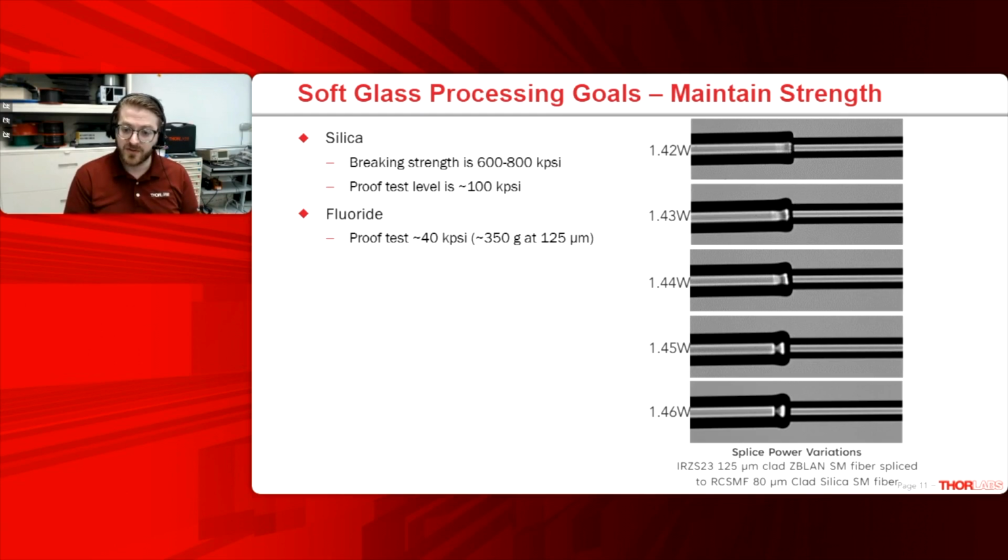So these 5 different splices are the same fiber. The only change is that the power was changed by 0.01 watts, 10 milliwatts per division. So this whole range is 40 milliwatts different, which is about 3% of the 1.4 watts splice power.